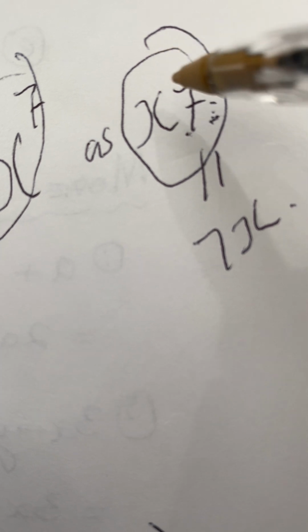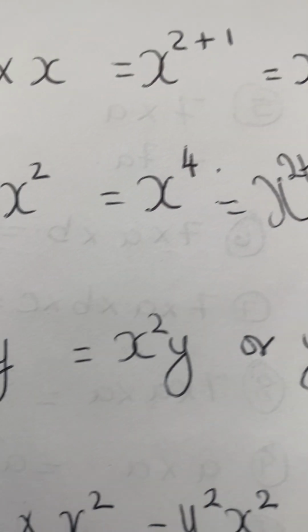This is different from x to the power 7. So don't write that as that. Okay, this can mean this, but this and this cannot mean that. So when you're writing and multiplying, try and make sure that you write them properly.